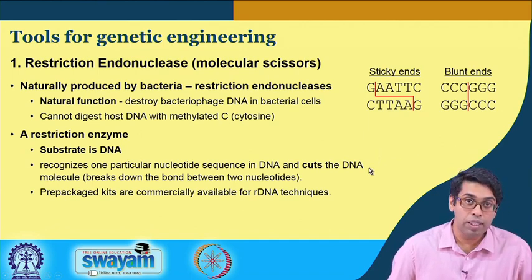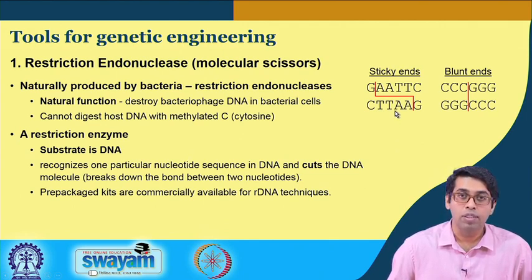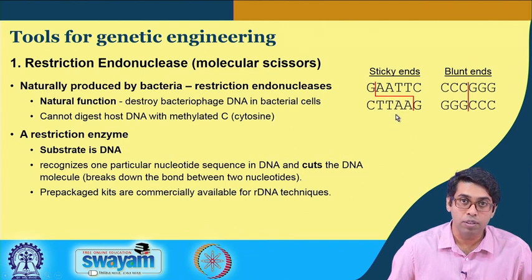There are many endonucleases which are now commercially available, and depending on the type of sequence that you want to cut, you will choose them accordingly. In the example of cloning that we will see, we are going to use two endonucleases which both make sticky end cuts, but they recognize different sequences.